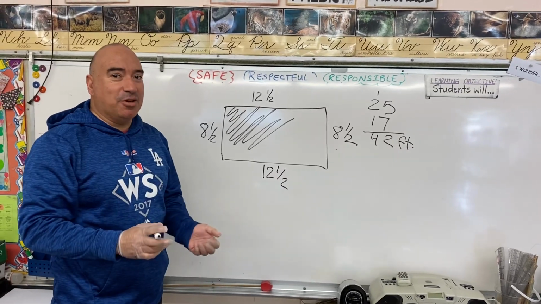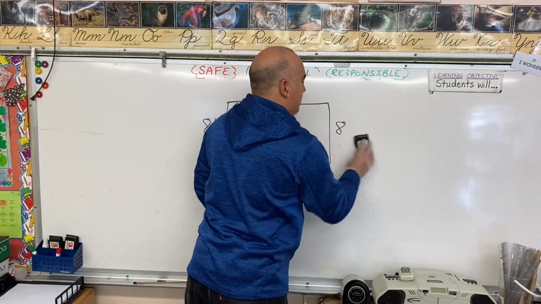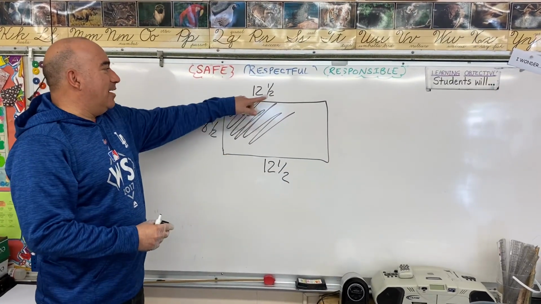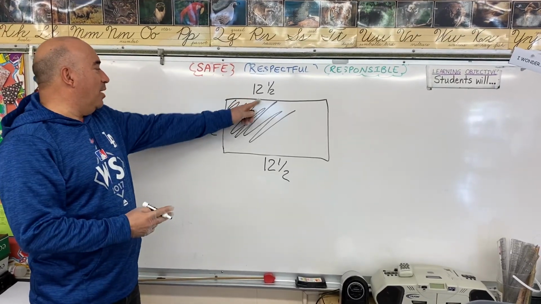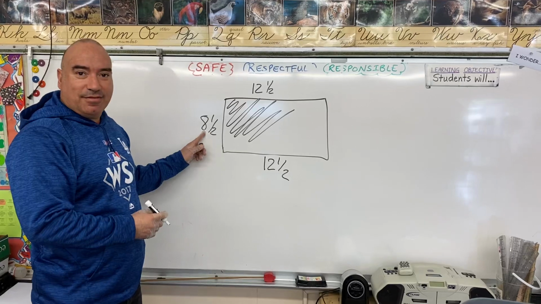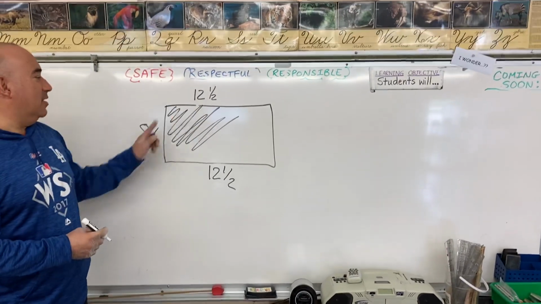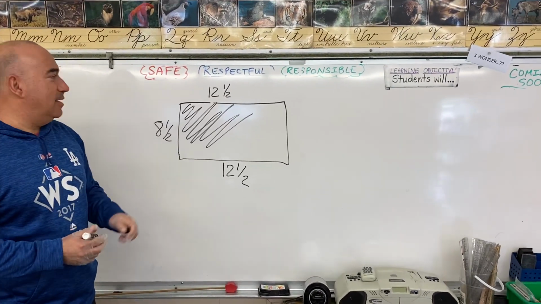Now the area is a little more difficult. For the area of a rectangle, you know that it's length times the width. So we have to multiply 12 and a half by 8 and a half. And the way I'm gonna do that is by changing these mixed numbers into improper fractions.